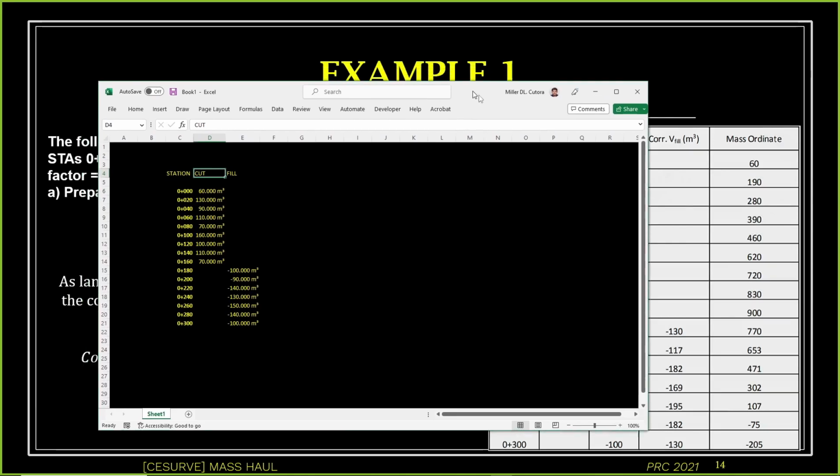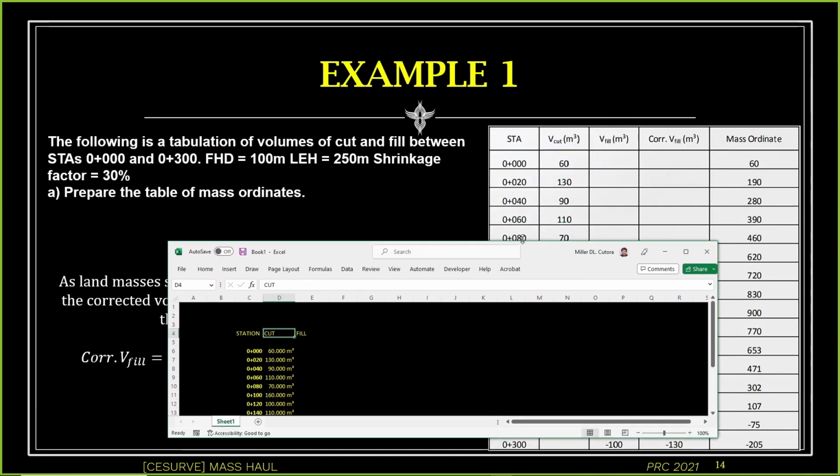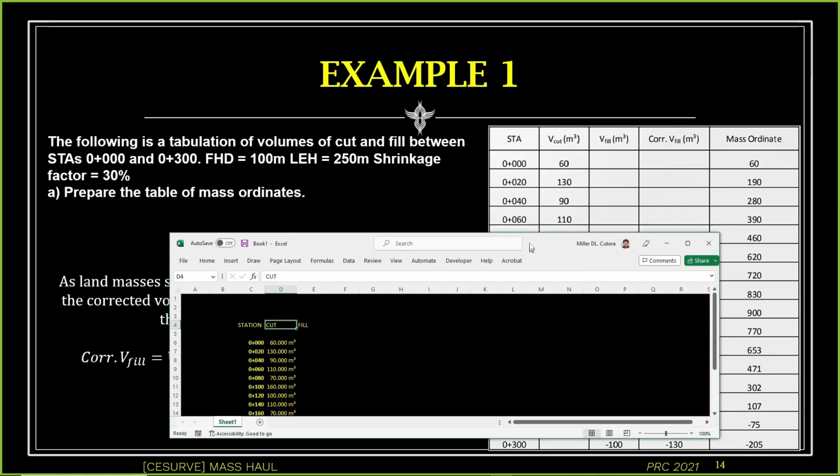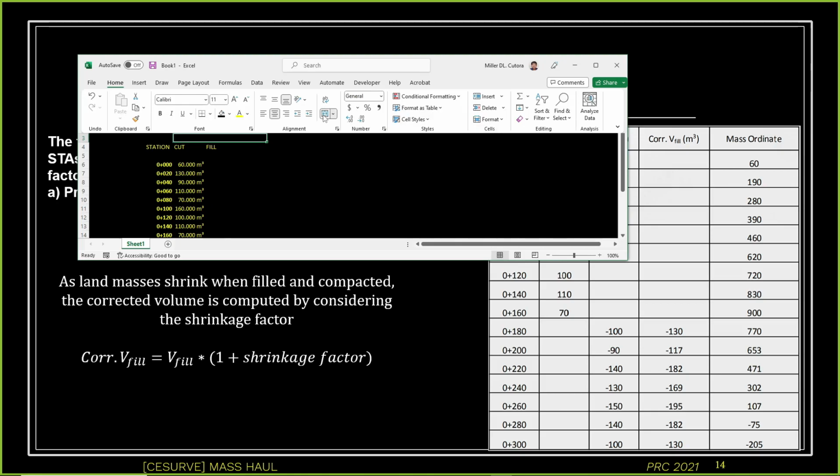Next natin gagawin is prepare the table of the mass ordinates. So, but before that, we need to correct, as land mass shrinks when filled and compacted, the corrected volume is computed by considering the shrinkage factor. Ito yung sa fill. Okay. Gawin natin dito ay merge natin to.